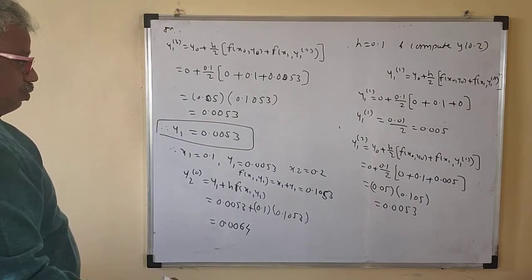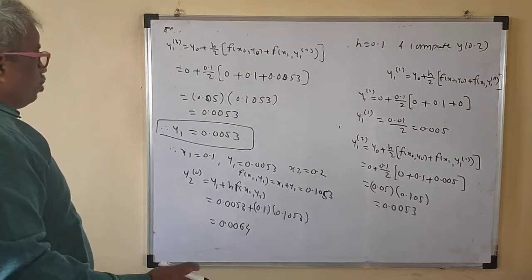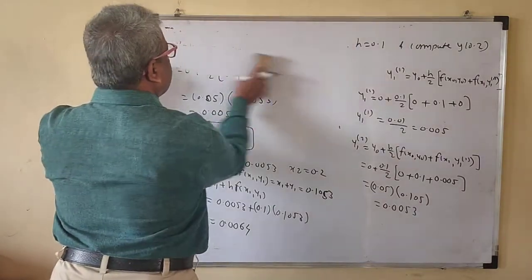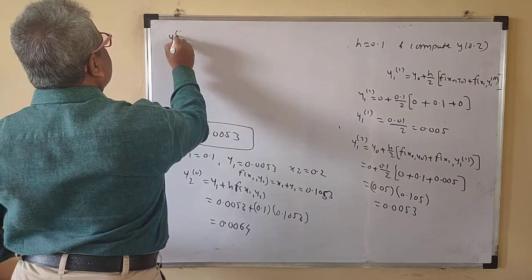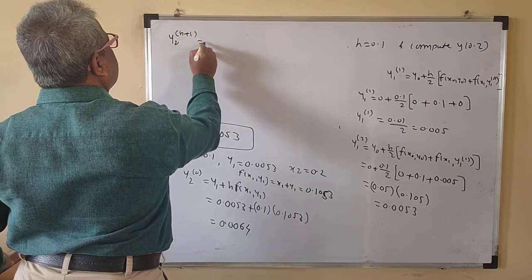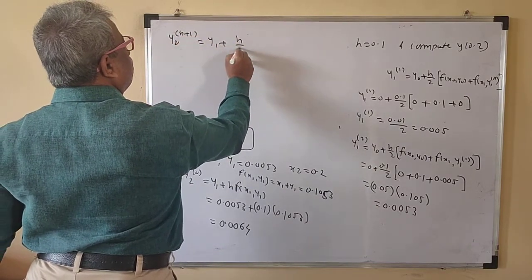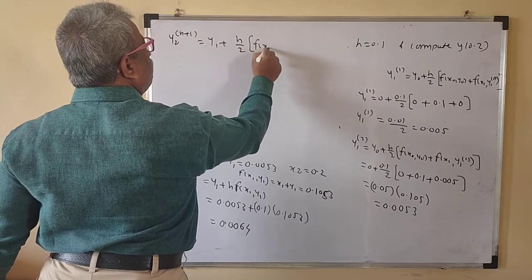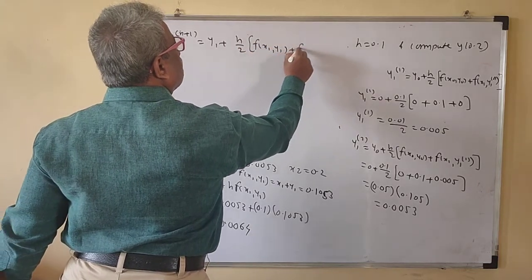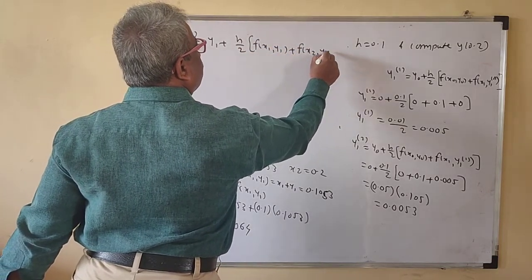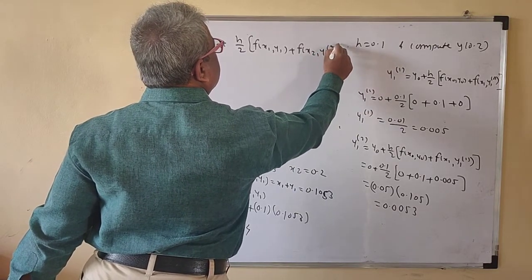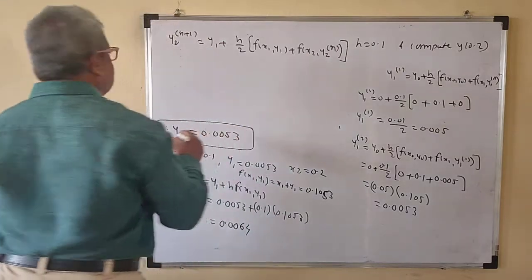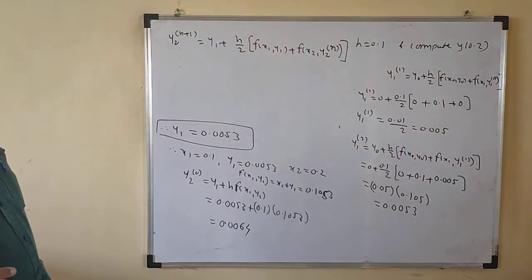Okay. So now we will find the value of y2. First we will write the iteration formula for y2. So y2 of n plus 1 is equal to y1 plus h by 2 f of x1 y1 plus f of x2 y2 of n. This is the iteration formula to find y2.